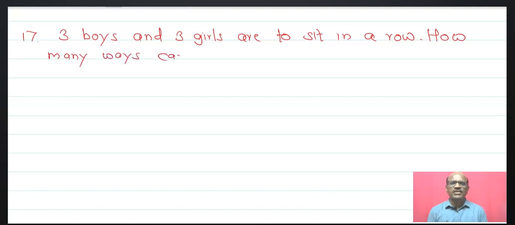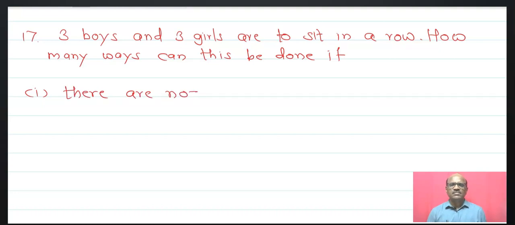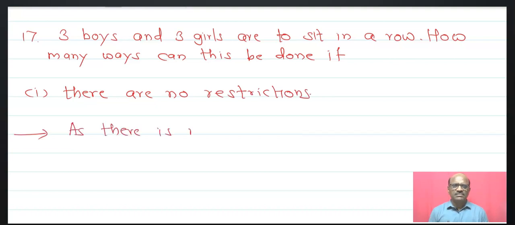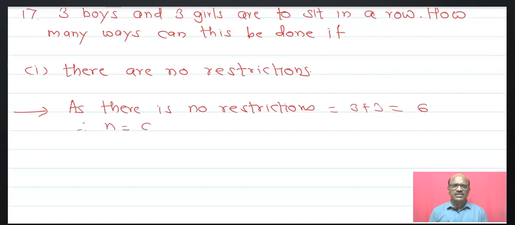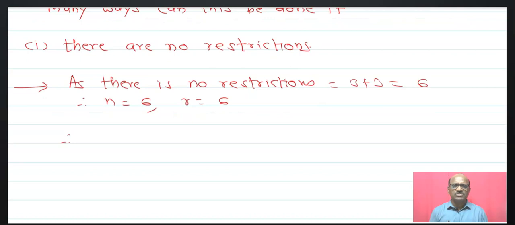How many ways can this be done if, 1, there are no restrictions? Therefore, as there are no restrictions, 3 plus 3 is equal to 6, that is n is equal to 6, r is equal to 6, and they can be arranged.